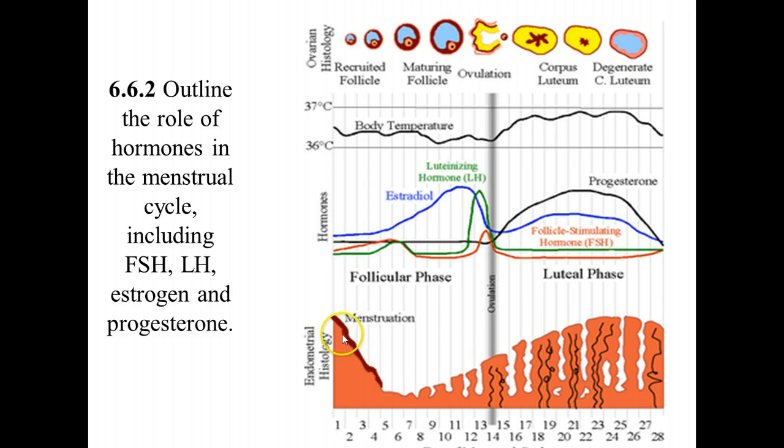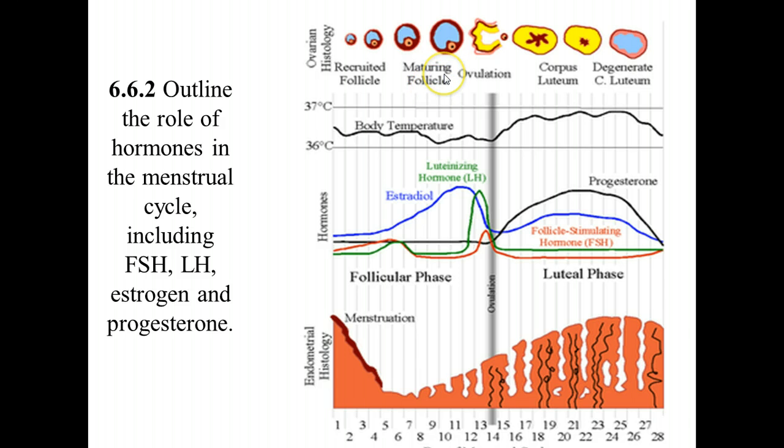But the lining is released in the first few days of the cycle. What you notice going on with the hormones is that estrogen is increasing, but we see a small spike here in LH and FSH, and then a bigger spike right here, right before ovulation. And ovulation is the release of the egg from a maturing follicle.